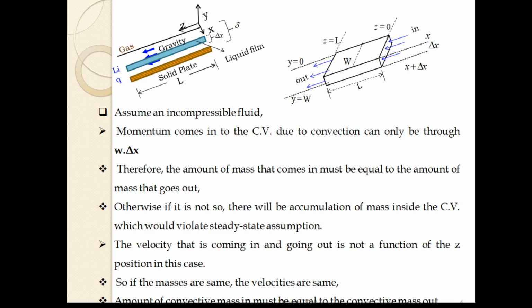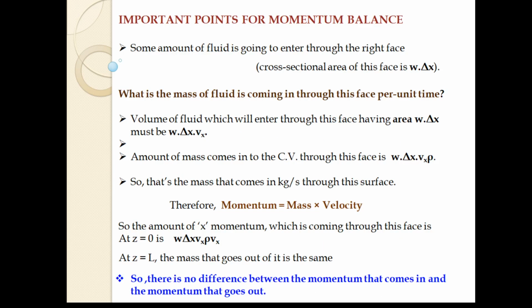The mass coming in through this W del X would be W del X with Vx, the velocity in the x direction. This gives the volume, and when we multiply with the density we get the mass.